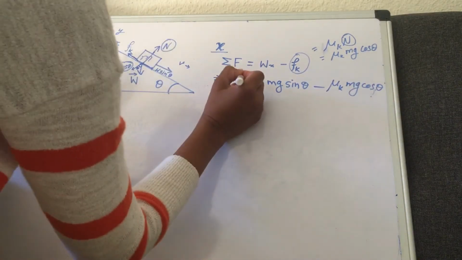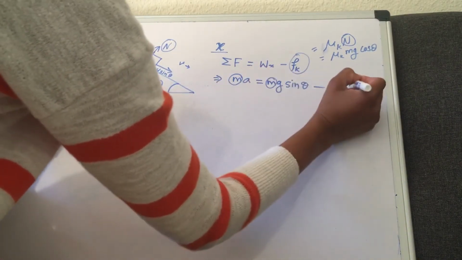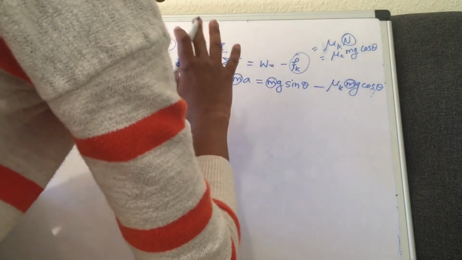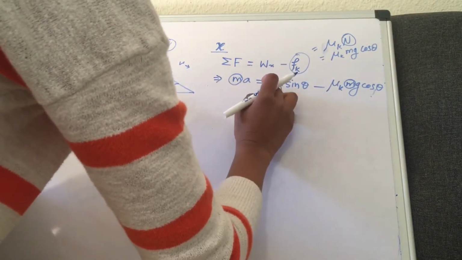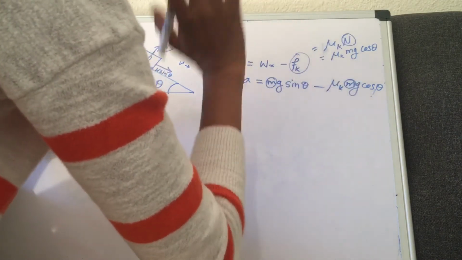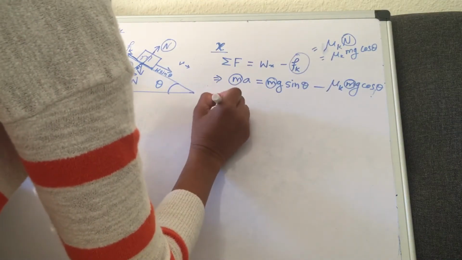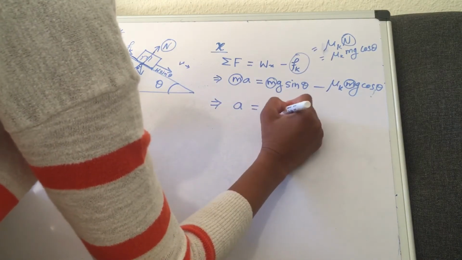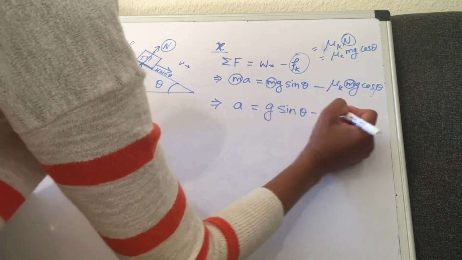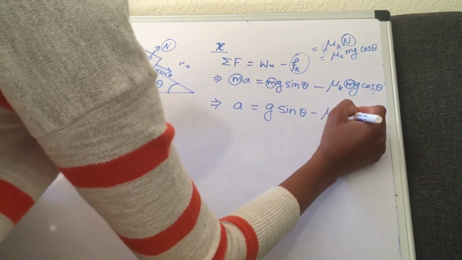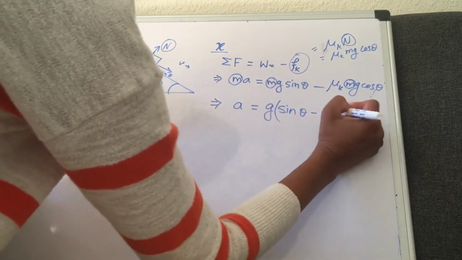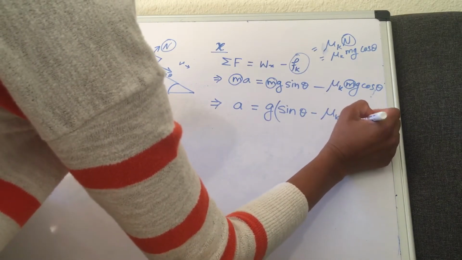Now you see there is this m here, there is this m, there is this m, so I'm mentally just taking them common. If I take this out, then I can cancel those, so I'm not going to write them. So the acceleration is just g sine theta minus mu k times, there is also another g here, so I can just say mu k cos theta.